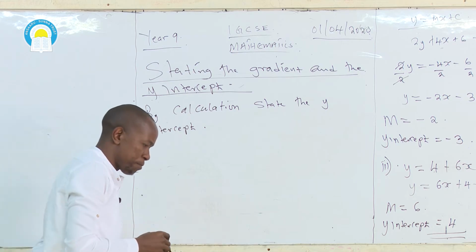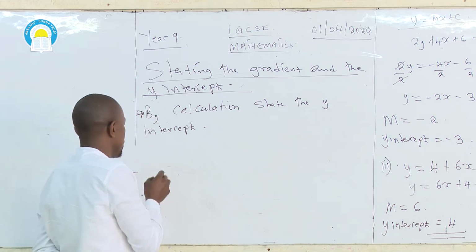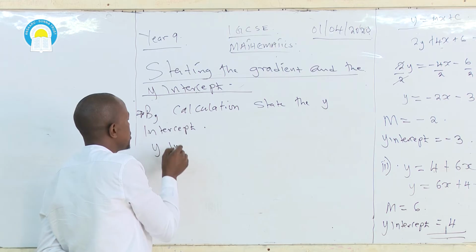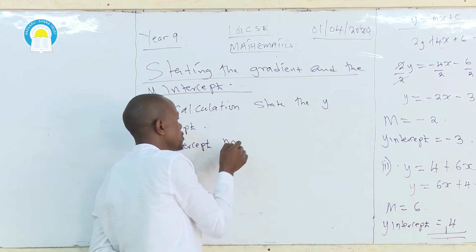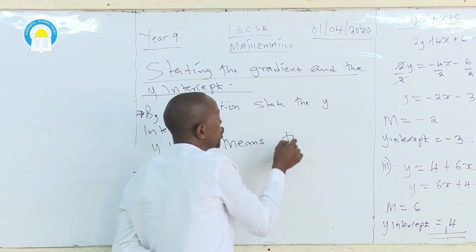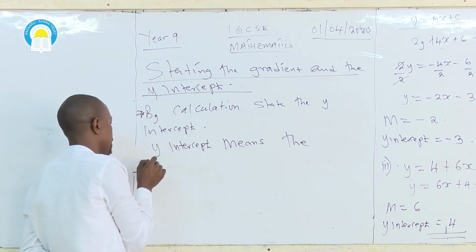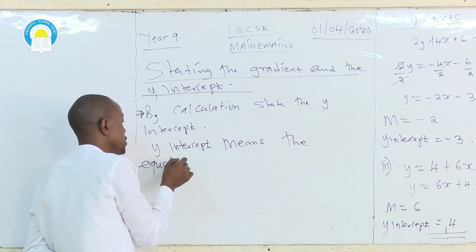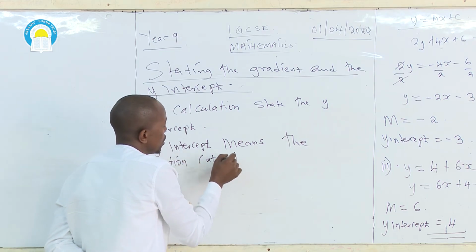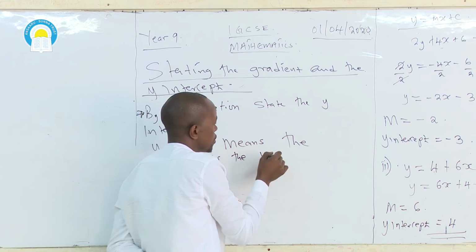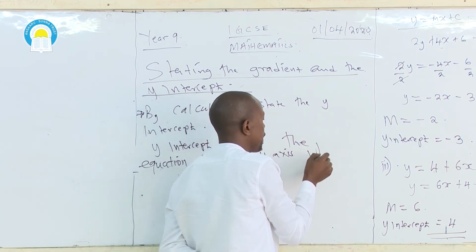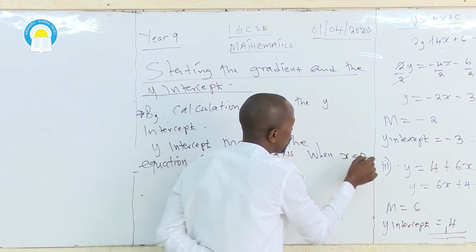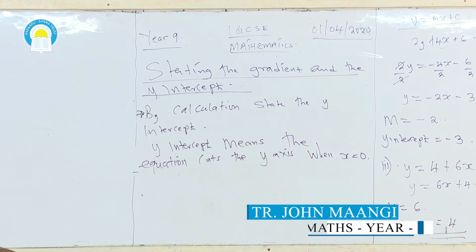Remember, when you talk about the y-intercept, intercept means the equation cuts the y-axis when x is equal to 0. It cuts the y-axis when x is equal to 0.